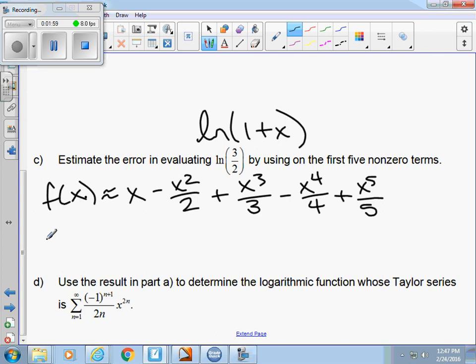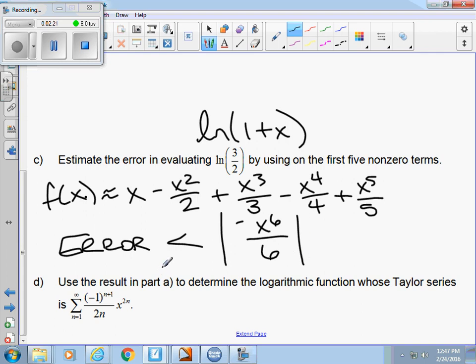Remember, the error in an alternating series, timeout, is this an alternating series? It is, in fact, an alternating series. The error is less than the absolute value of negative x to the 6 over 6. Where in the world did I get that?